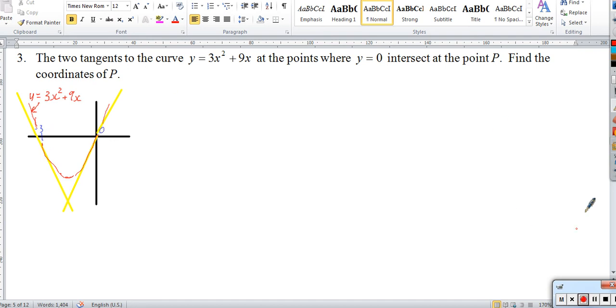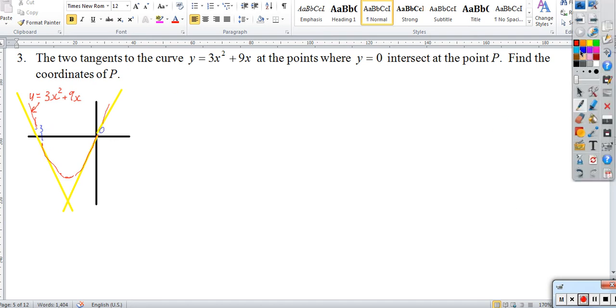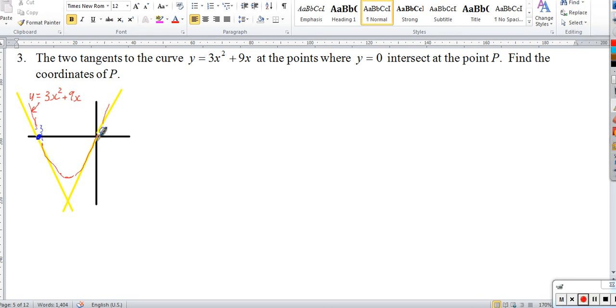So if I change the color here quickly to blue, this tangent touches the parabola here, and the other tangent touches that parabola here. Let's call this tangent 1, and this is tangent 2. And both tangents meet in a point which we'll call P. That's what is being discussed here.